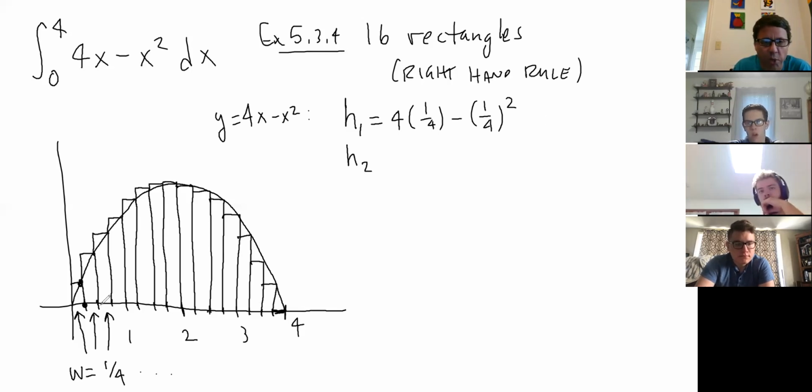What x value am I going to plug in to figure out what this second rectangle height is? 0.5. Right, half. But here's where I'm going to be a little bit sneaky: it's a half because it's a 1/4 and then it's another 1/4.